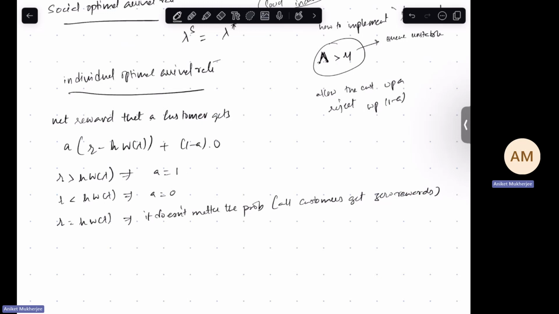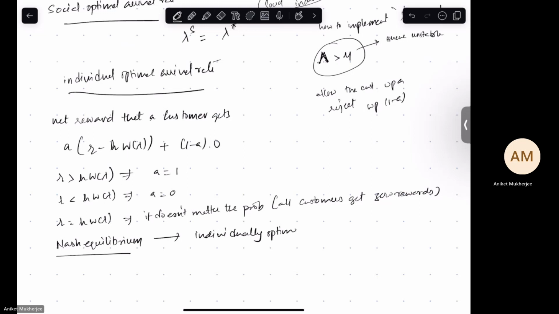Now, motivated by the concept of Nash equilibrium, we define something known as the individually optimal arrival rate, also known as the equilibrium arrival rate.